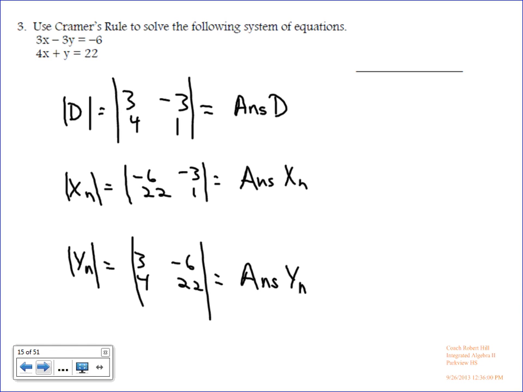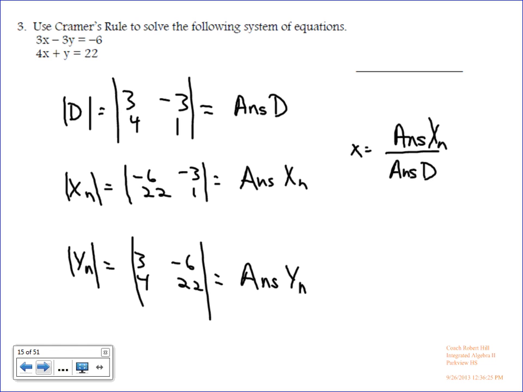Okay, then all it is a matter of taking those answers, and that's why I started using the subscript of x sub n. You put the answer for x sub n on the top for the numerator. I put the numerator up here, so answer x sub n.